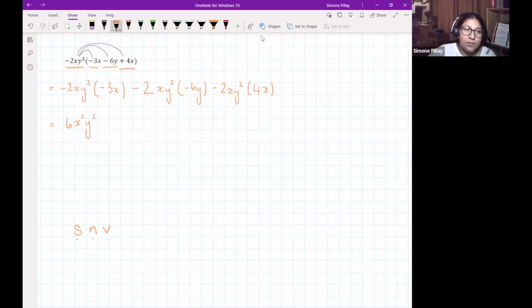Multiply our signs first. Over here, I had a negative times a negative, so it gave me a positive answer. Then I multiply my numbers, which is 2 times 3, so it gave me 6. Then I multiply my variables. It was x times x, where I can apply my exponent rules, add my exponents, that's how we got x squared, and multiply by y squared. But I know I don't have to write in that multiplication. I can just write it next to it.